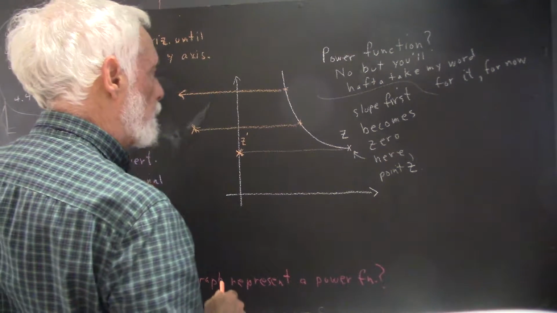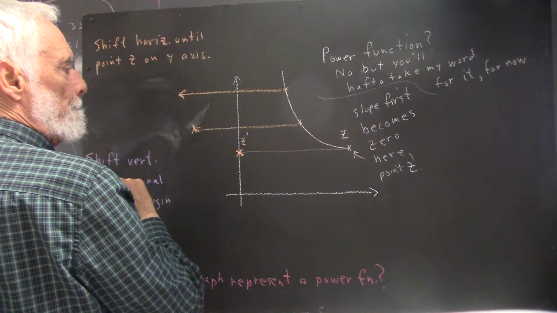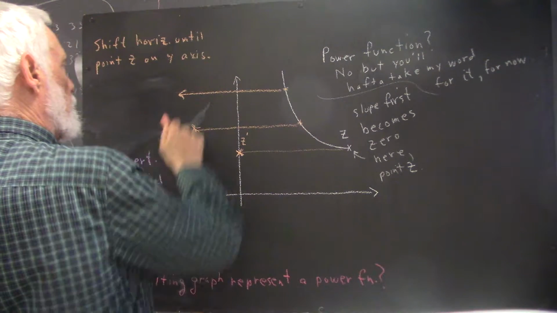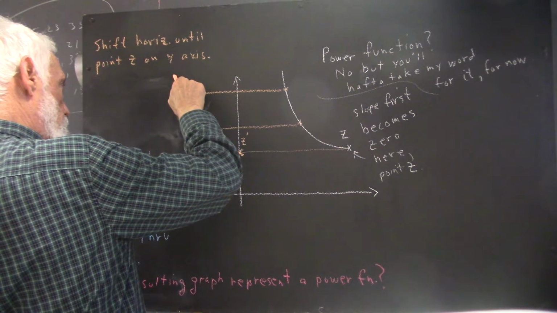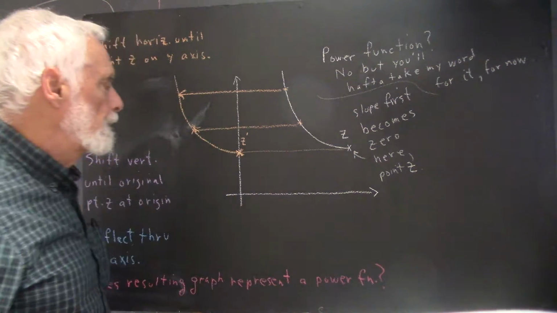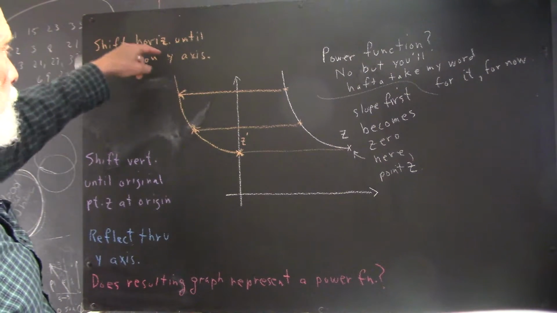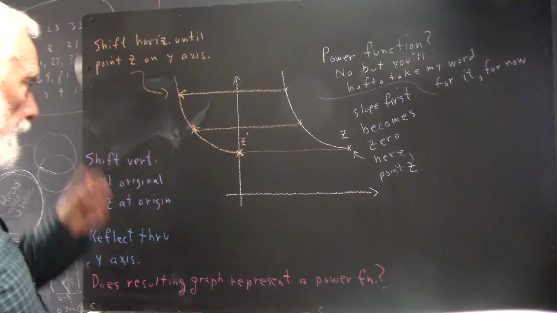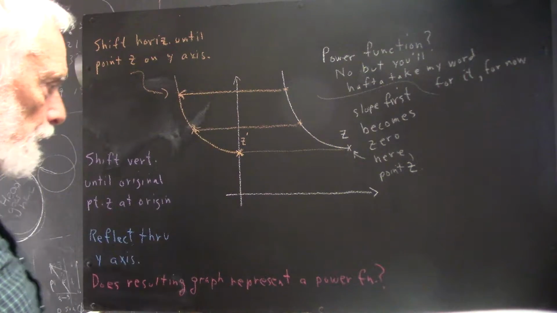So now there are 3 points on my graph, and I can connect them. Something didn't look right, but it's okay. Okay, so now here is the graph shifted horizontally until the point Z is on the y-axis. And I'm calling that point Z prime.